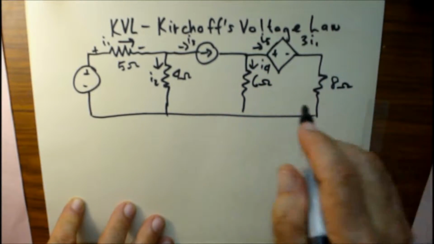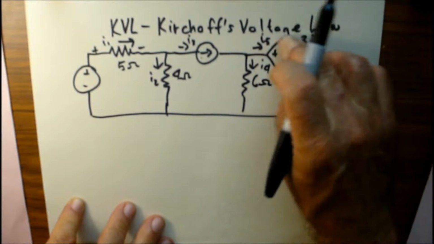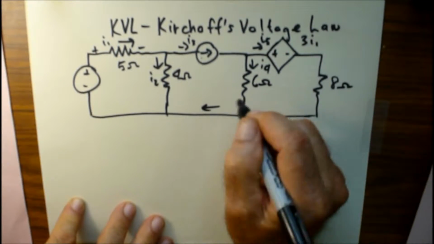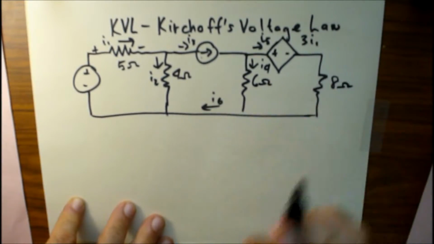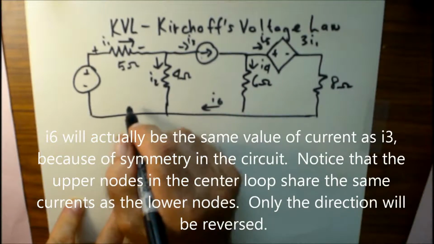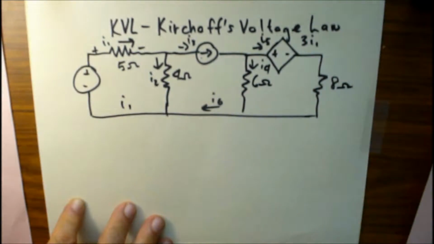So we've basically established 1, 2, 3, 4, this is 5 up to here. This will be I6, but there's no resistor associated with it, so we won't get a voltage. And this, of course, is back to I1 because it's part of this piece right here.